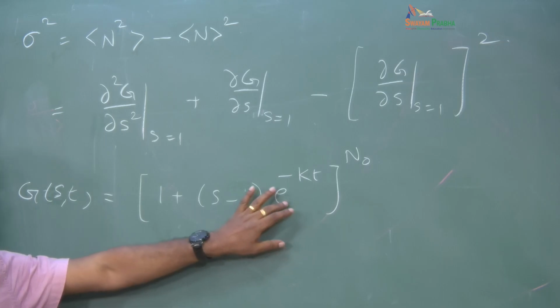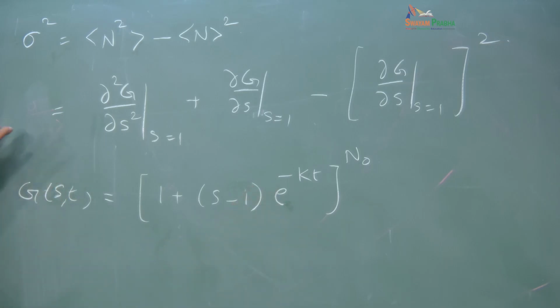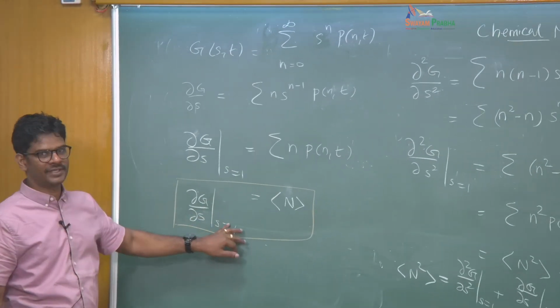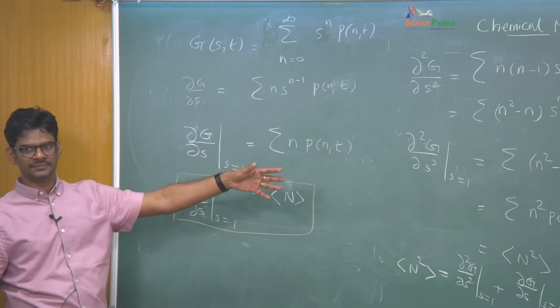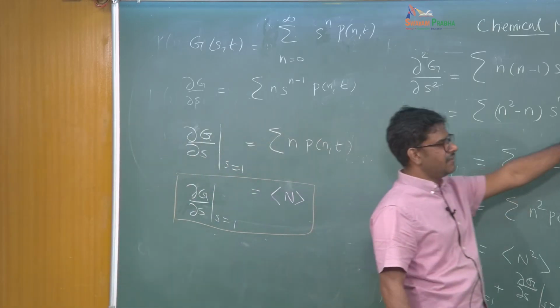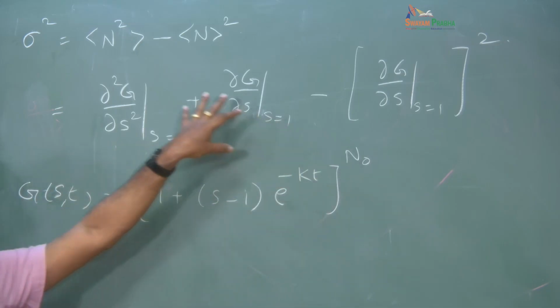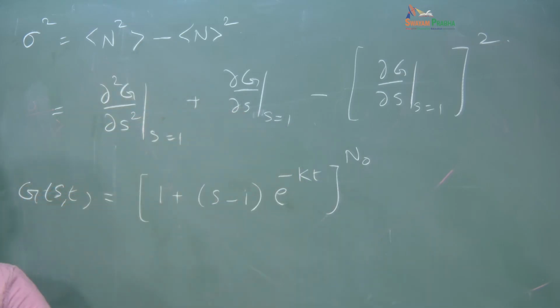Okay, this expression we already know. Now all you have to do is, if you want to get the mean, you take the derivative of g with respect to s and calculate s is equal to 1, and that will give you mean. And if you want to get the variance or standard deviation, you're going to apply this formula, take the second derivative and calculate it s is equal to 1.